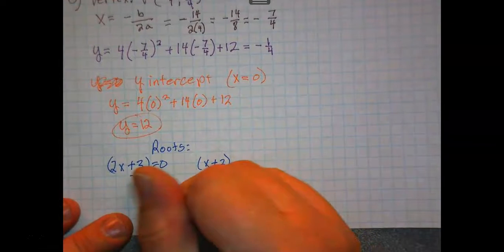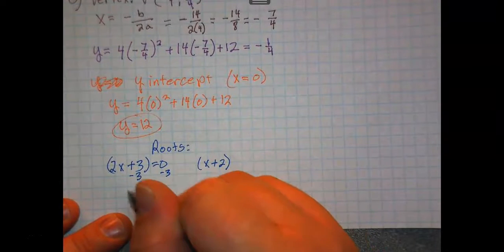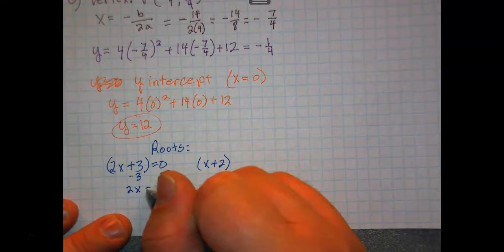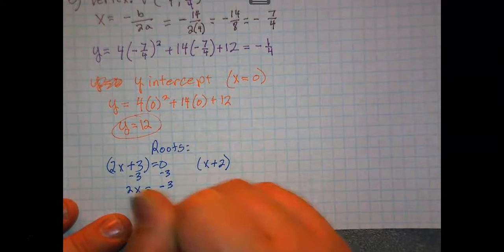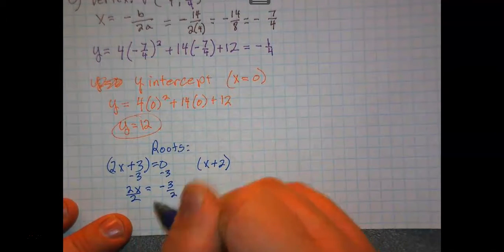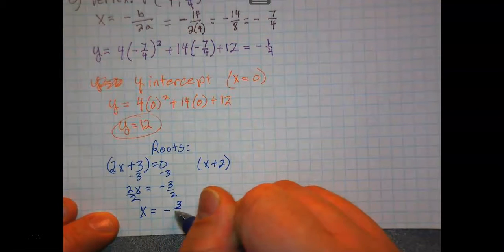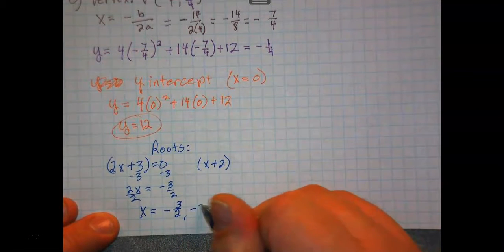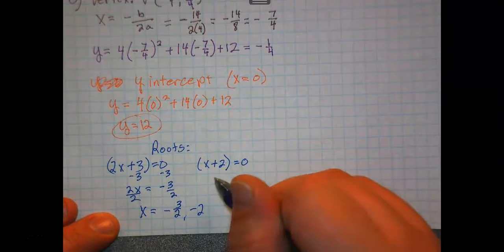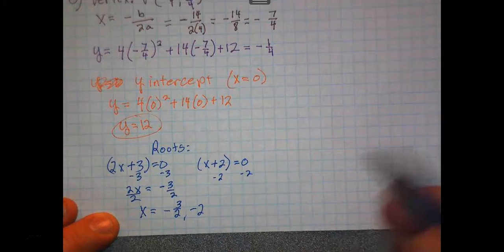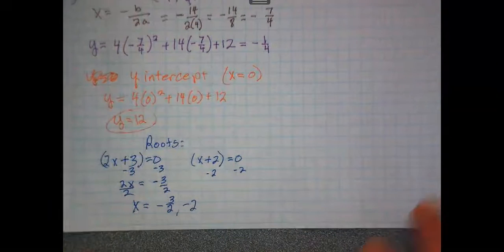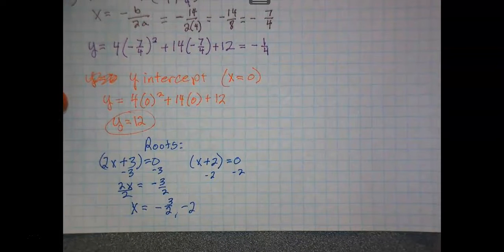So this is going to be subtract 3, get 2x equals negative 3, divide by 2. X equals negative 3 halves, and negative 2. Hey, we got plenty of stuff to graph this now.